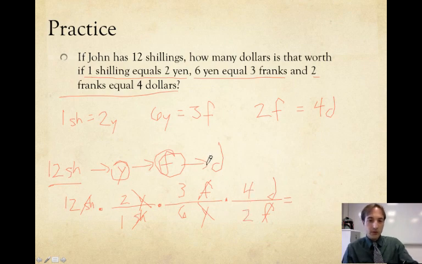Okay, here's a little trick. Before we do any math, because if it's on the top you're multiplying, and if it's on the bottom you're dividing, we can do some reducing. Notice, here we're multiplying by 2, here we're dividing by 2. They're just going to cancel each other out, so they disappear.